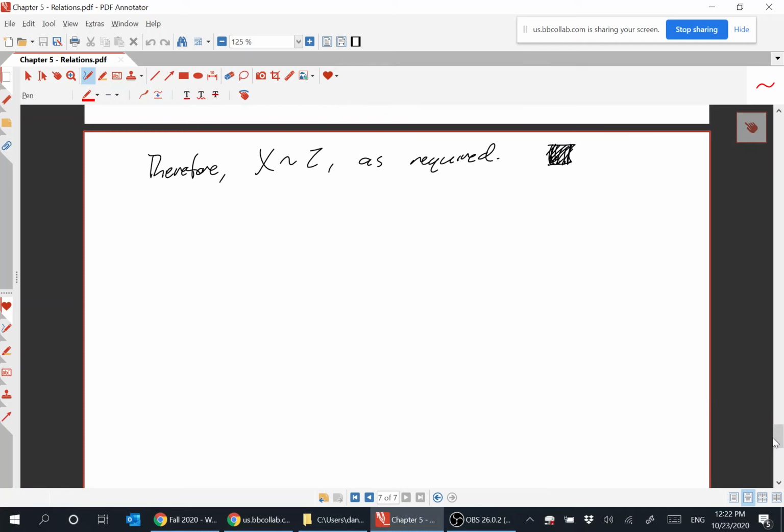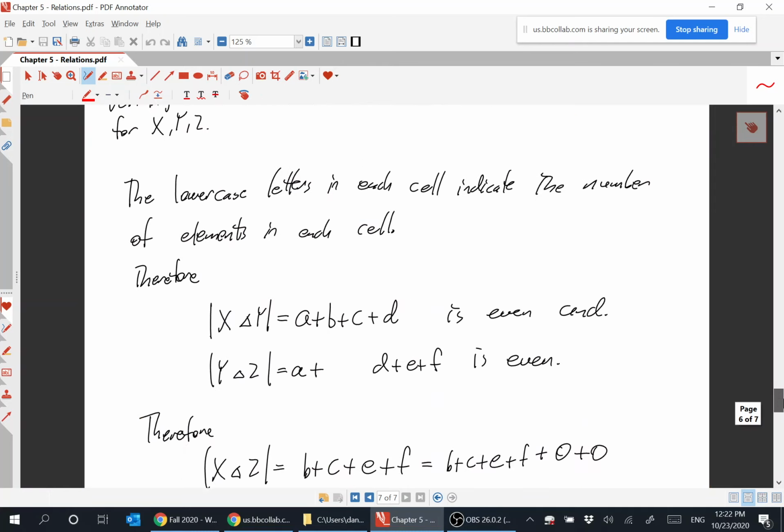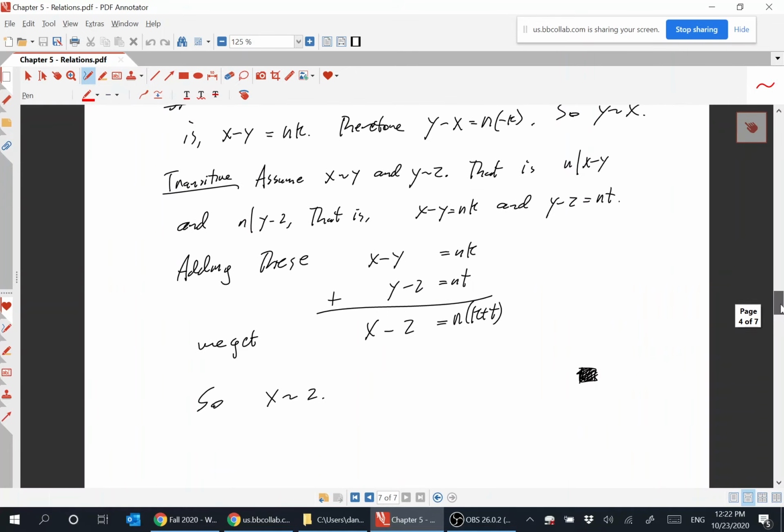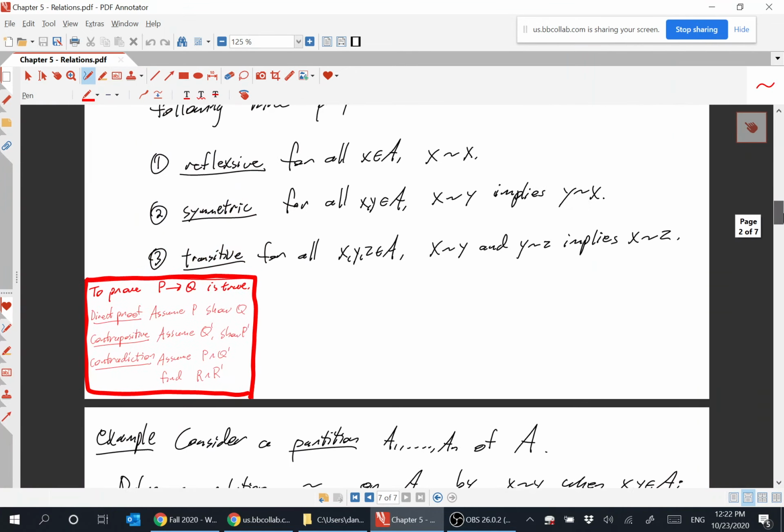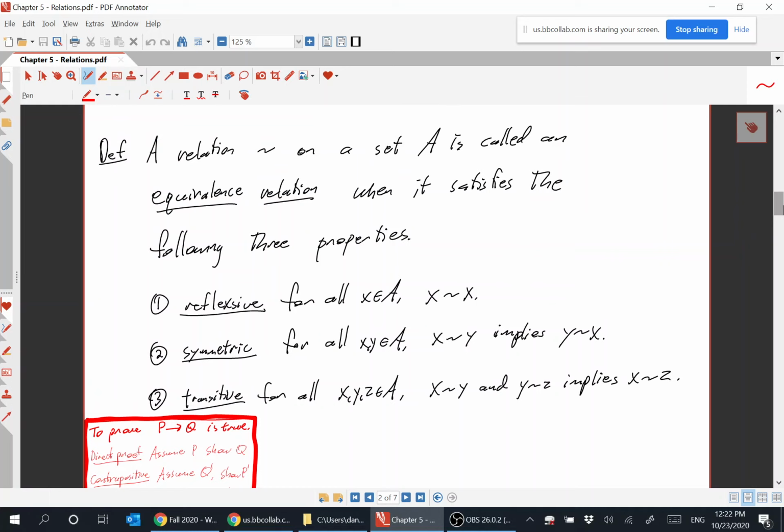Continuing the discussion on relations, we've been talking about a certain type of relation called equivalence relations. So a relation, twiddle, on the set A is called an equivalence relation when it satisfies the following three properties.